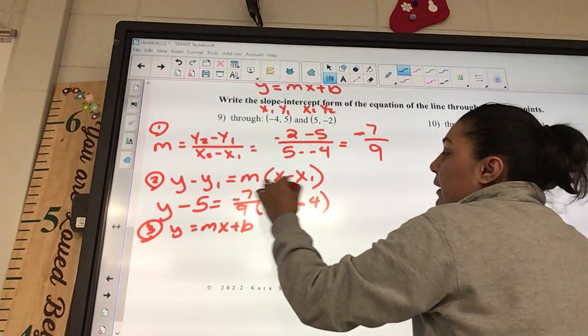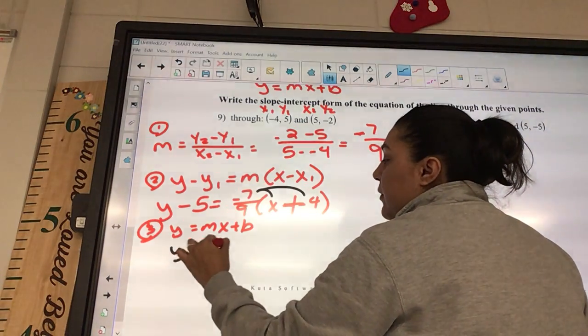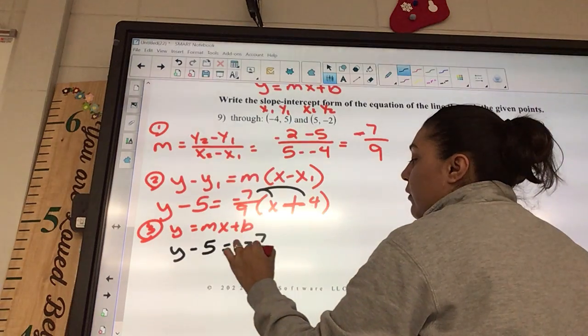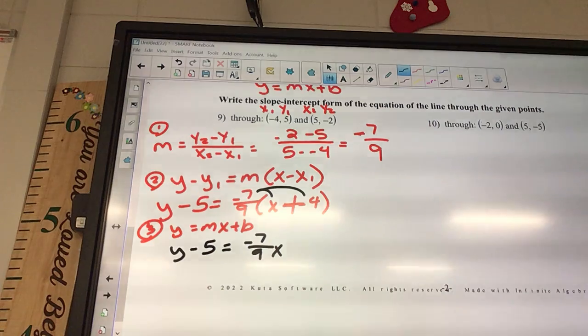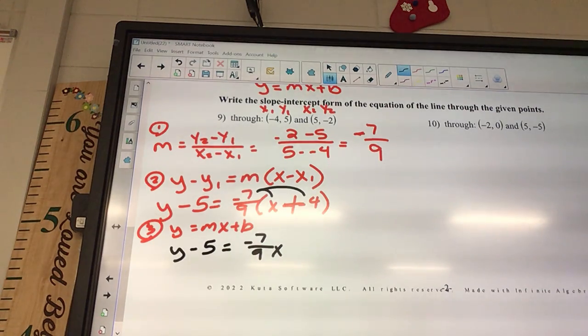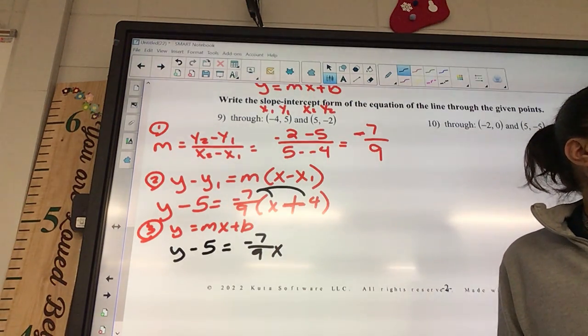So we need to start out by distributing. So we're going to have y minus 5 equals 7/9x. What is 7/9 times 4? You're on your calculator. What did you guys get? 7 over what?